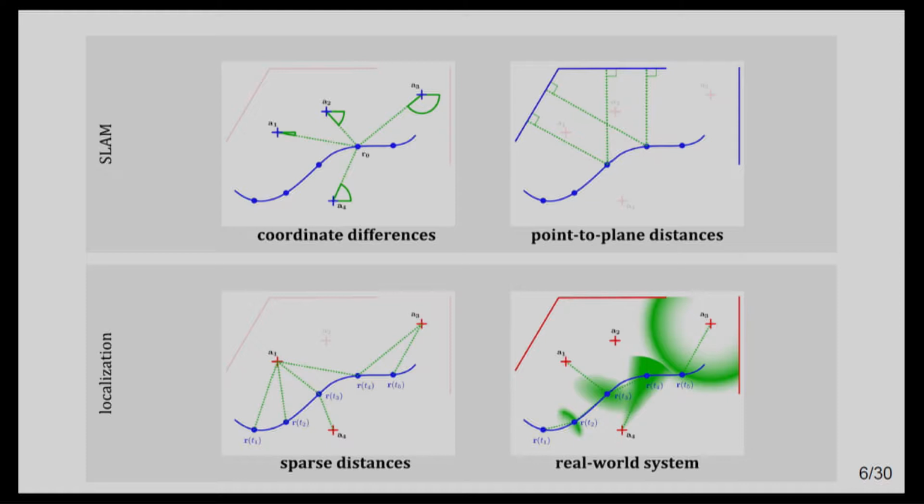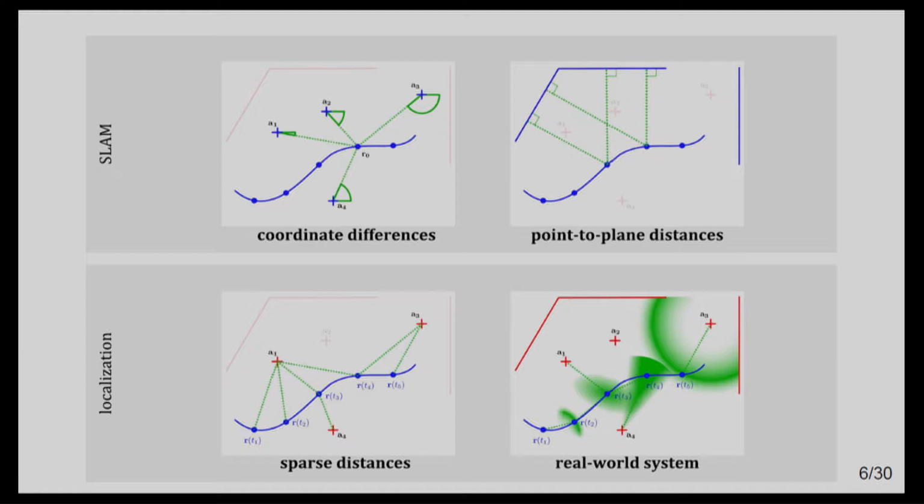Then I will talk about point-to-plane distances, which arises when we measure distances from planes, like walls, to points. This is in the SLAM setting because we assume that we don't know where the anchors and the walls are, and we want to localize them while we are localizing the robot.